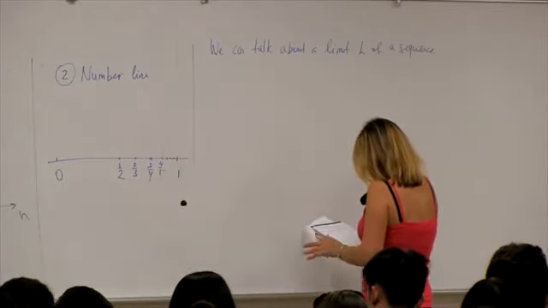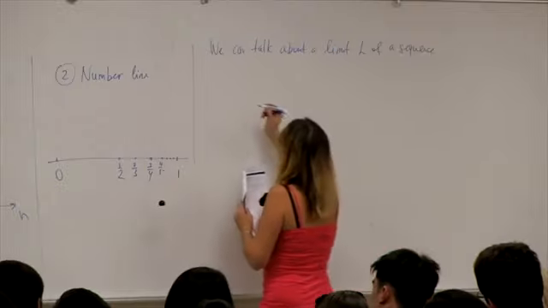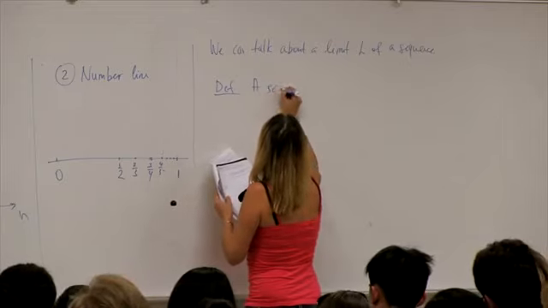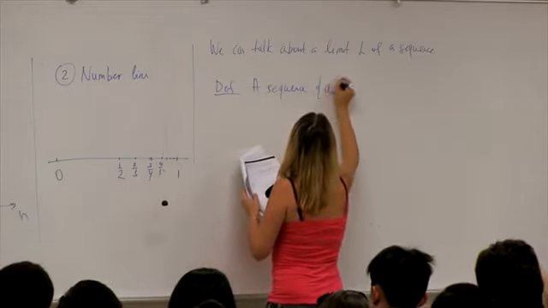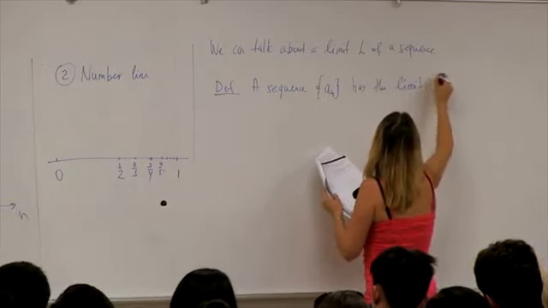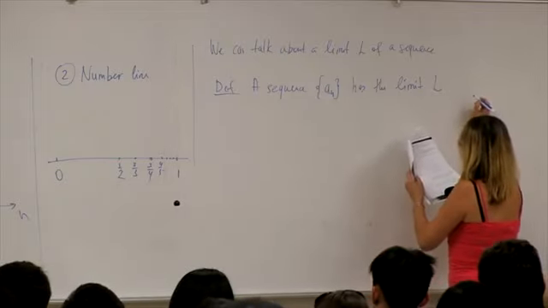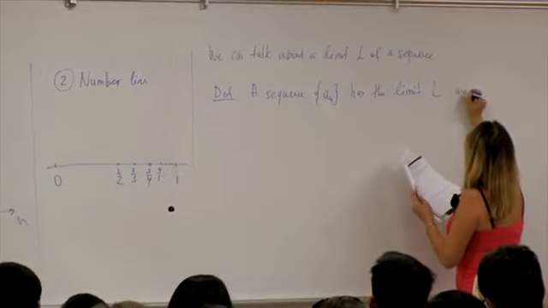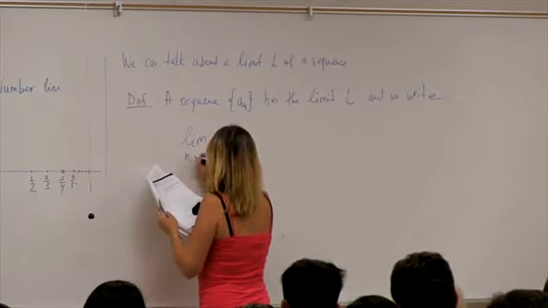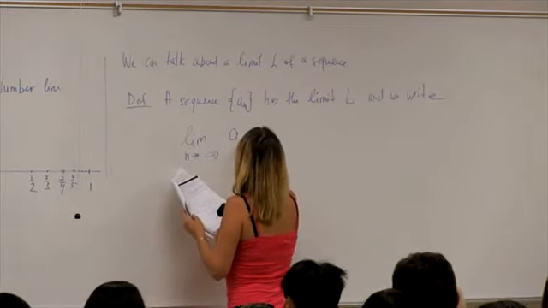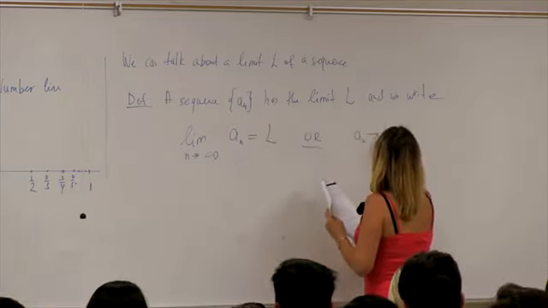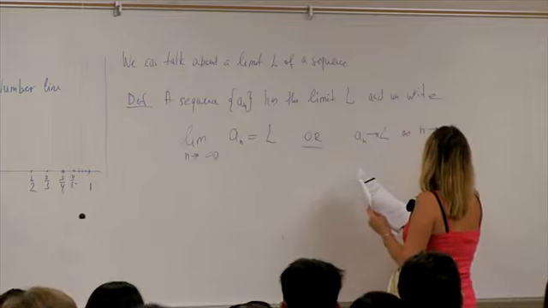Formally speaking, a sequence a_n has the limit L, and we write, so this is notation, it must look familiar, limit as n goes to infinity of a_n is L, or we can also write a_n goes to L as n goes to infinity.